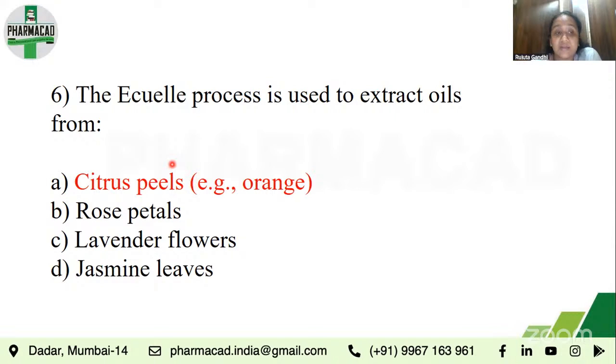Try to understand the four different options of that MCQ, especially in case of not only pharmacognosy, but I would say pharmacology and medchem, because there are four different concepts associated with it. Even organic chemistry for that matter. Here, for rose petals or lavender flowers we use the enfleurage method, and for jasmine leaves steam distillation is generally used. Then for thermolabile materials you also have to use steam distillation depending on the temperature.